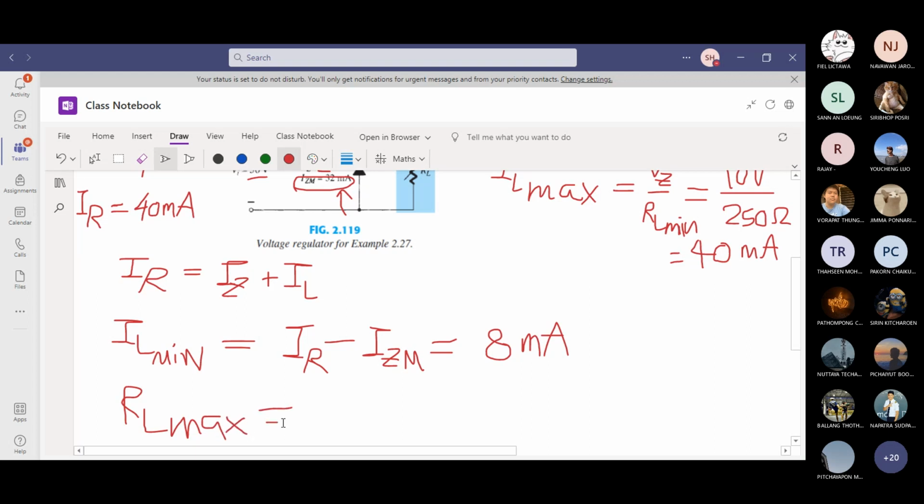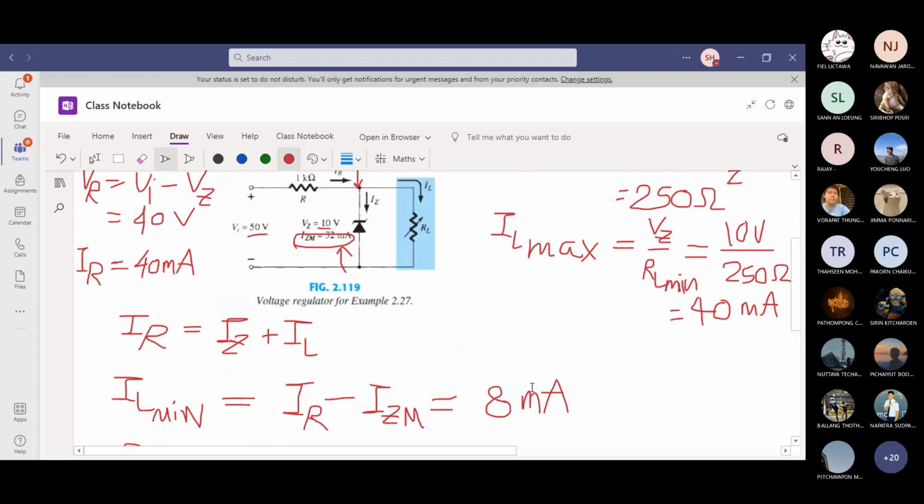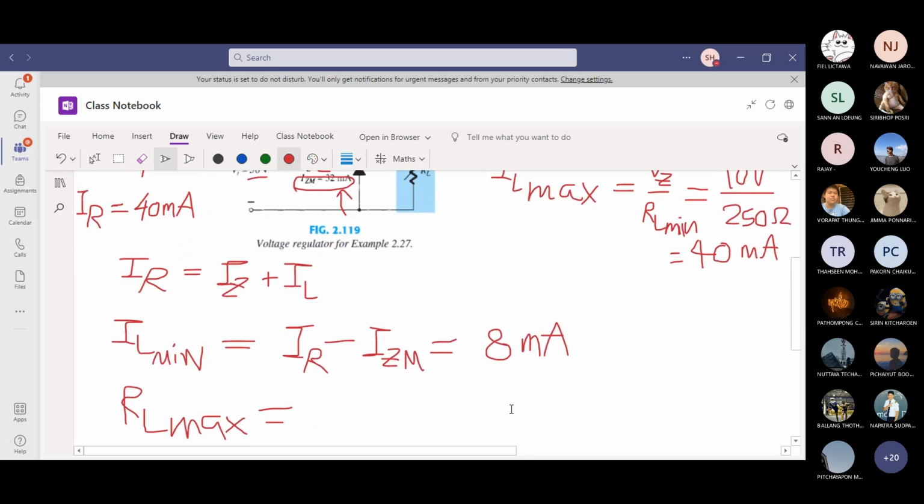What will be the maximum RL? 72. What is the equation for RL?